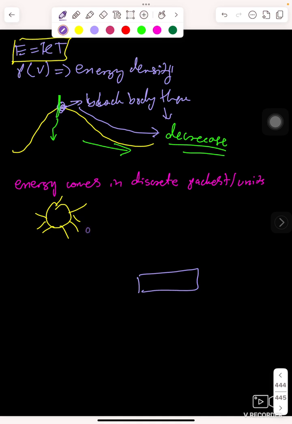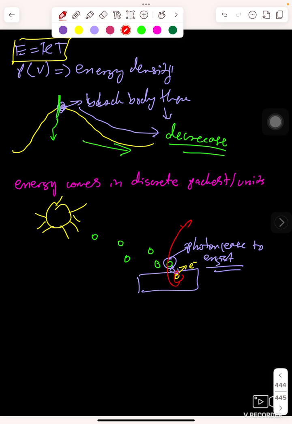It shows individual photons coming in and hitting each electron in the metal, and on collision the photon ceases to exist and the electron bounces off with KE max.